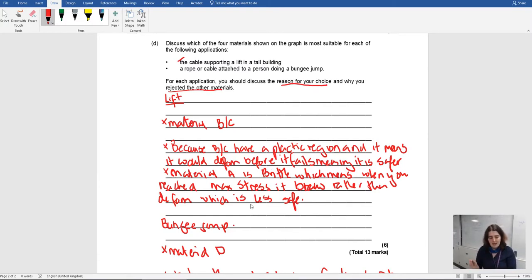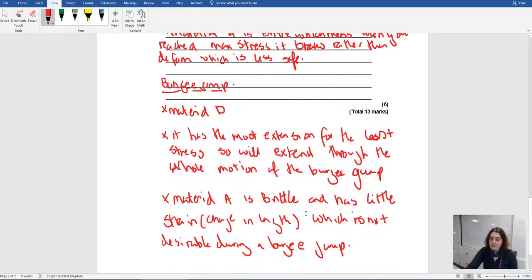I've got my topics, I've got the lift and I've got the bungee jump. I need to tell you what material I am choosing. I've got to give you a reason why. And then I've got to give you a reason why I didn't choose something else. So by putting those 3 bullet points under each of those topics, I have got my 6 marks. Okay, so this is really important with 6-mark questions.